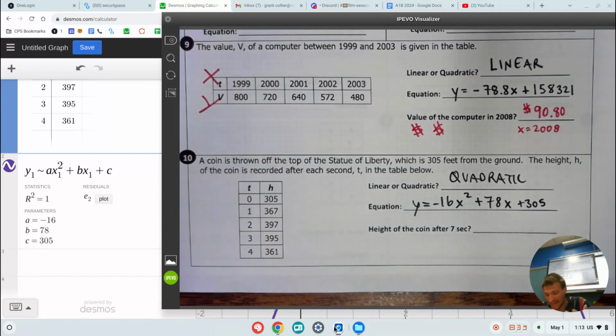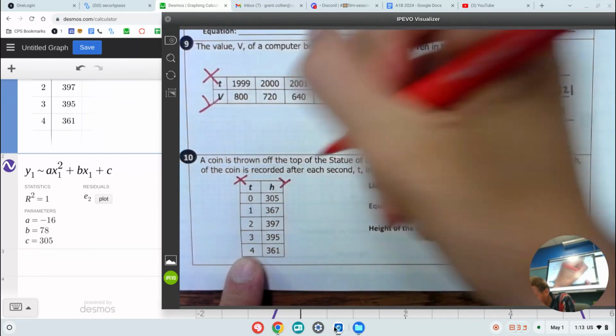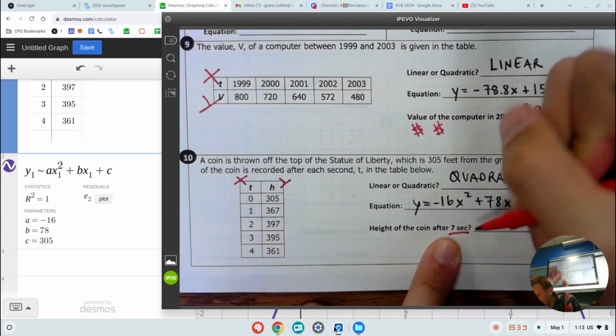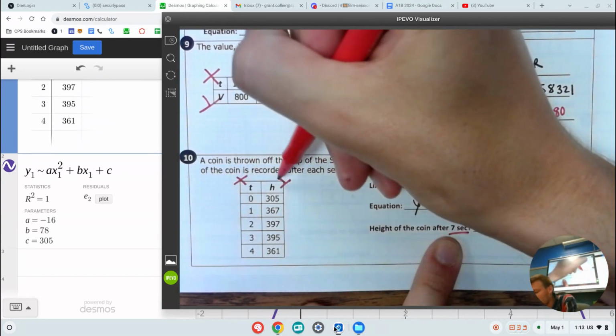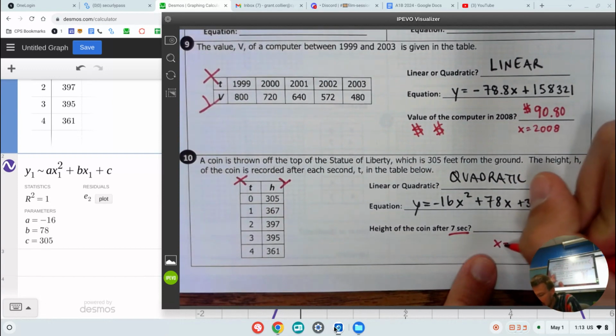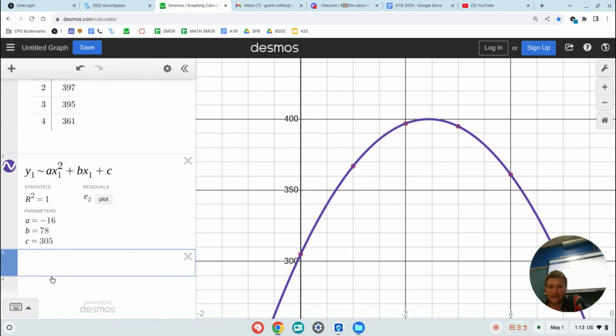Now, they asked me for a prediction. What is the height of the coin after 7 seconds? It's either going to be x equals 7 or y equals 7. If we're talking about the x values and the y values, does 7 seconds fit in with the time or with the height? It's the time. So we're going to use x equals 7. On Desmos, I'm going x equals 7.